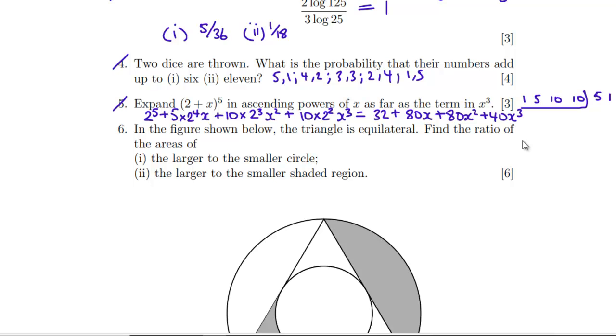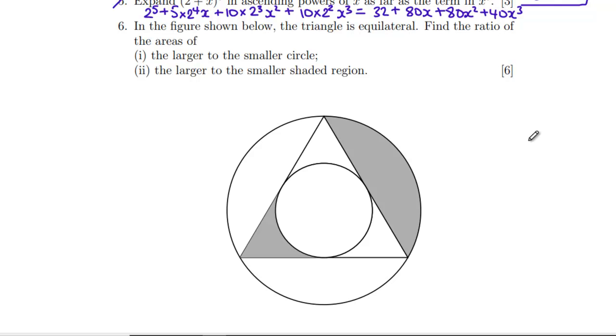Nice. In the figure shown below, the triangle is equilateral. Find the ratio of the areas of the larger to the smaller circle and the larger to the smaller shaded region. Right, this one, I suppose it depends. I mean, you can quote this. We know if you've got a circle inside a triangle, then the height is divided into 3. So if we've got an r there, we've got a 2r here.